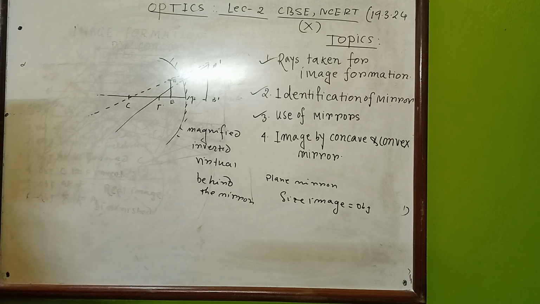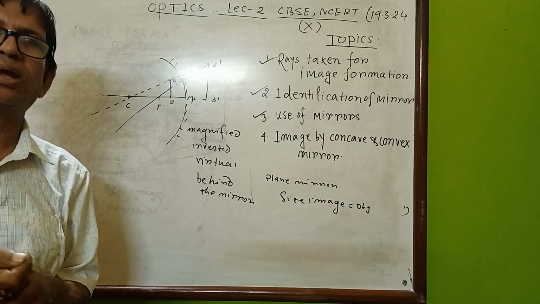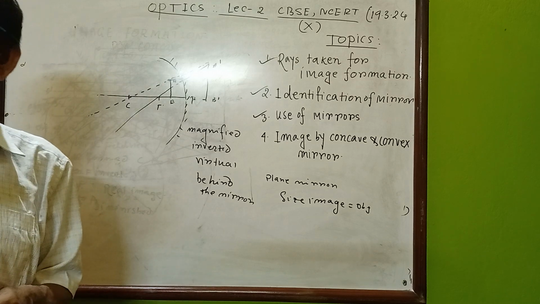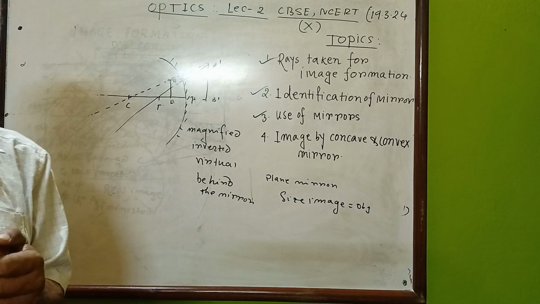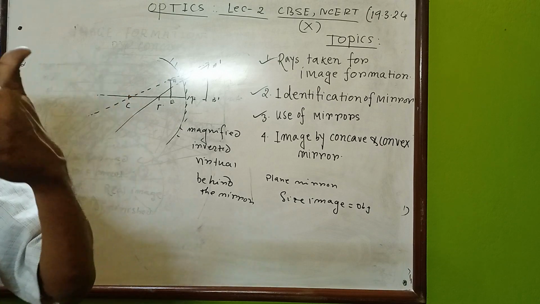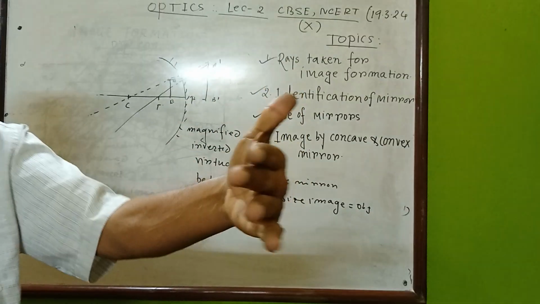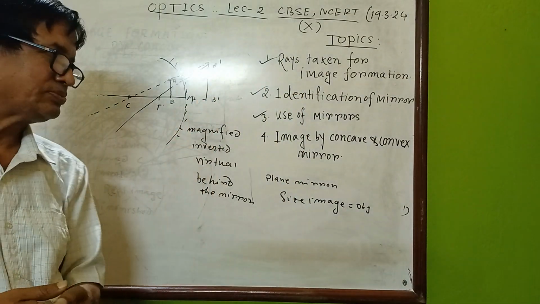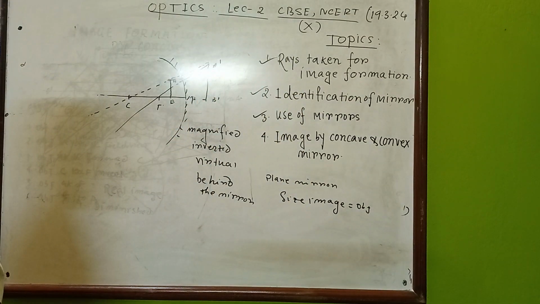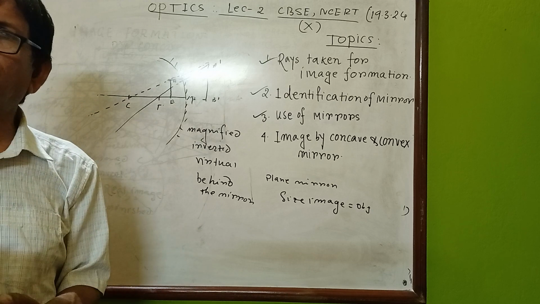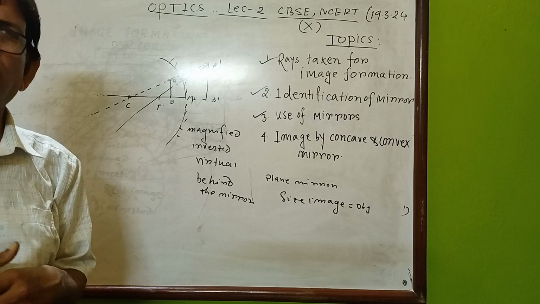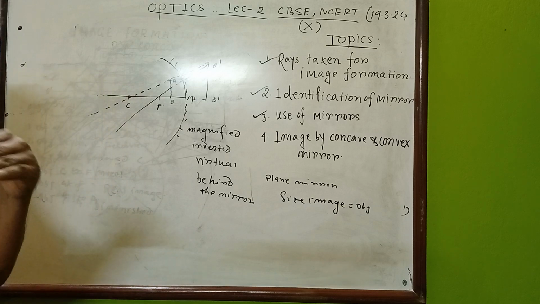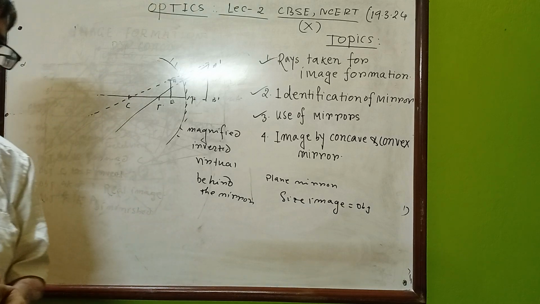Then I am telling identification of the mirror. Again I am telling you that if you hold the mirror very close to your face and you see an image the same size as your face, then it is a plane mirror. Whatever the position, changing the position of the mirror, you are getting the same type of image. Now children, if it is a concave mirror, if you hold it very close to your face, you are getting a highly magnified, erect image, virtual in nature.